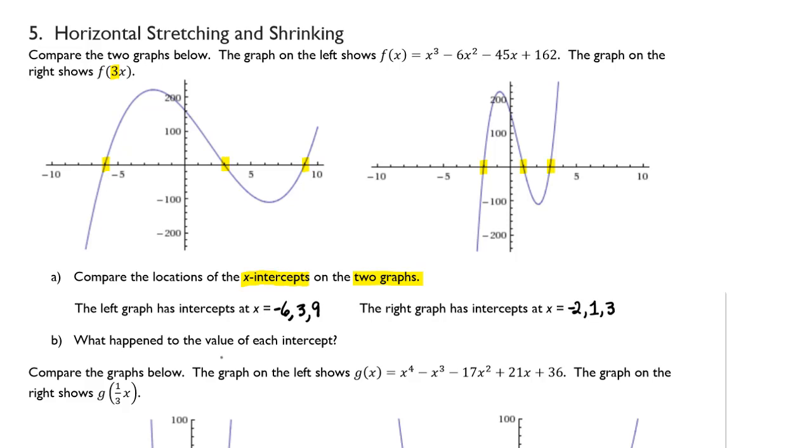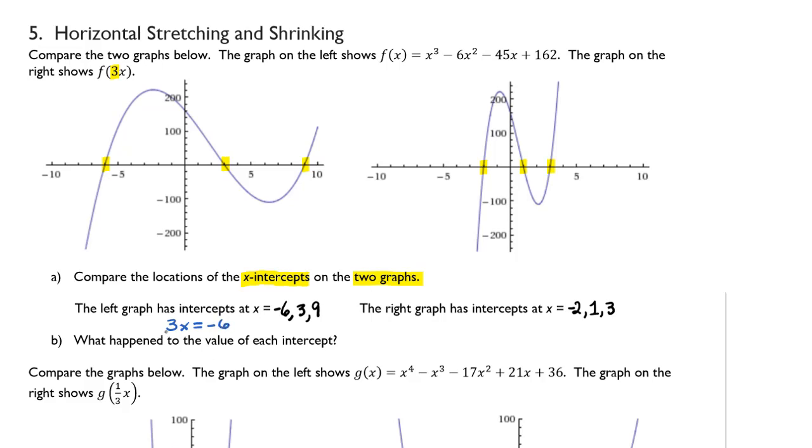Now, we need to figure out what happened to the values of each intercept because it directly relates to f of 3x. Well, if we look at -6, 3, and 9, we can find the numbers in the second graph by dividing by 3. So let's say we have 3x equals -6.